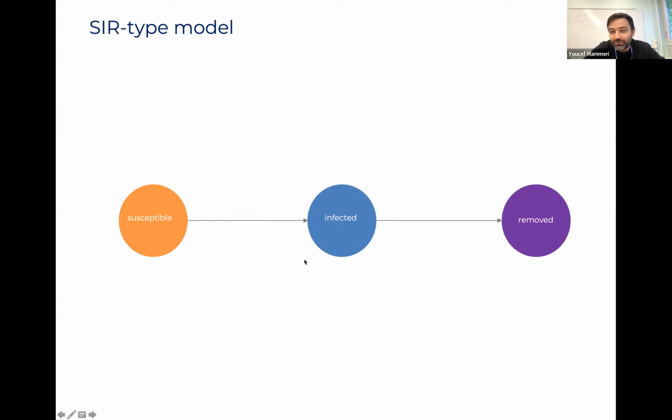So to control the disease, in theory, is simple: just avoid contact with infected. It means you will break this arrow. Because the first studies were based on this model, in China they used this model, and they said, okay, you just need to avoid contact with infected.